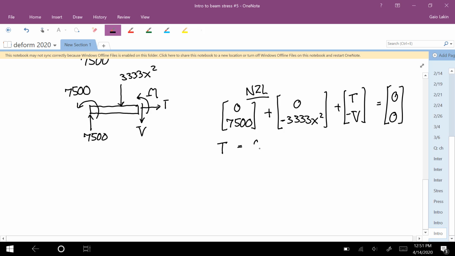So T over the whole thing is 0. There's no internal tension. The shear force over the whole thing is negative 3,333x squared plus 7,500.